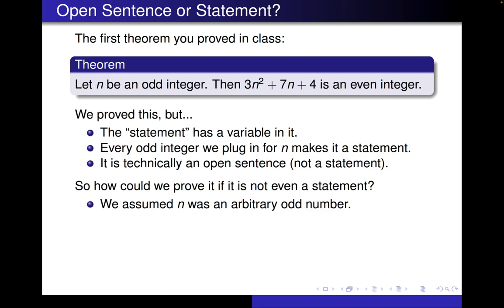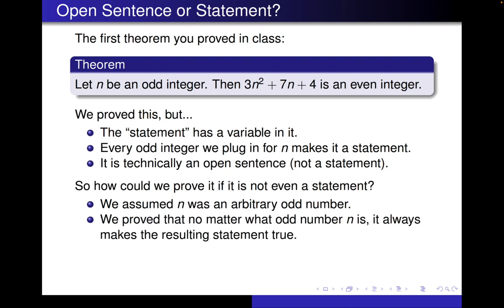Well, here's the deal. If we think back to the proof, we assumed that n was an arbitrary odd number, and we proved that no matter what that odd number n is, it always makes the resulting sentence true. And if you think about what that really is in practical terms, what we did was prove a for all statement.